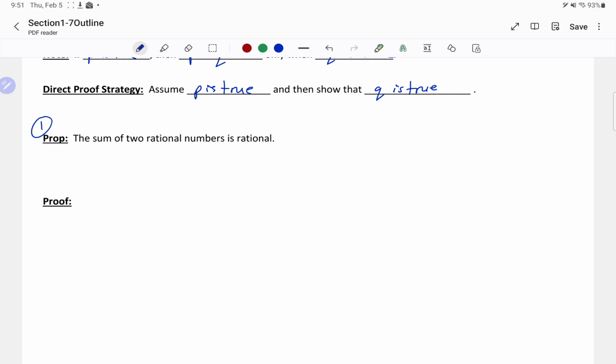If something, then something. What do we think? What assumption is getting made here? The conclusion is that the sum is rational, so what do we have to assume? If A and B are rational, then A plus B is rational. Yes, that's exactly what we want to say.